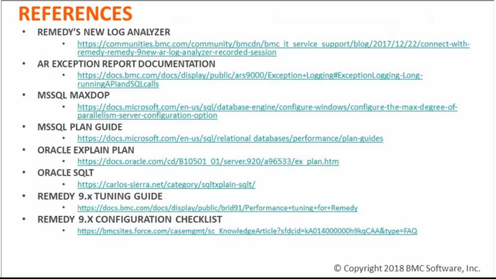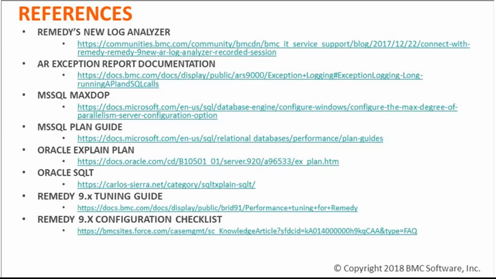There are so many more things out there that you can look at, but the remedies: the new log analyzer, as I was mentioning, your AR exception report, which shows you SQL statements from the AR side. If you remember one of those slides, I had mentioned that 5,000 milliseconds is the default. You can get an idea of what API and SQL calls are taking longer than that configured value, 1 second or 5 seconds, whatever the case may be.